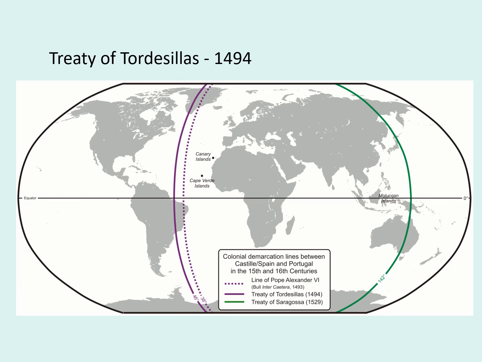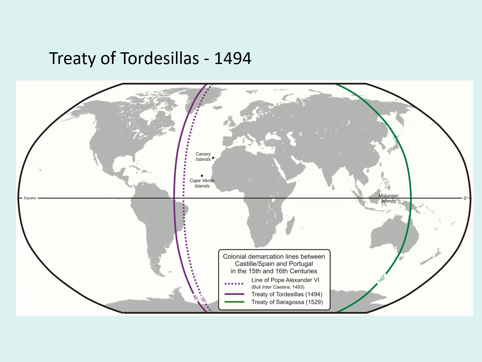Again, Portugal being the other trade power and probably the nation that might give Spain the most trouble if they didn't get a piece of the action. With this proclamation in 1493, the Pope essentially forbids any other nation that he has any control over, Catholic Europe, from New World exploration, right?